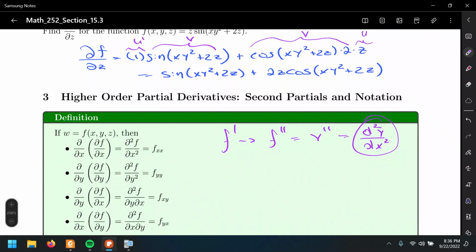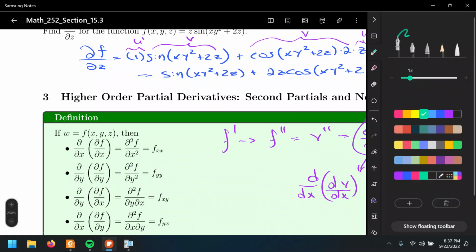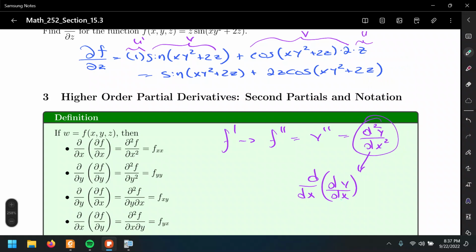Essentially, what we did was find the first derivative and then differentiate this whole function with respect to x. That is, we did this number 1, and we did this number 2.